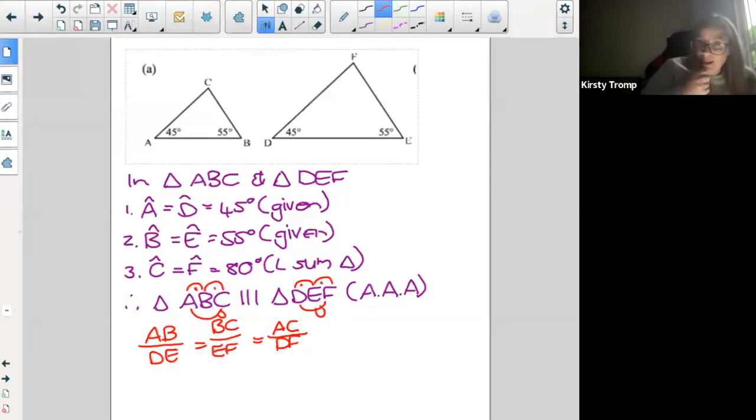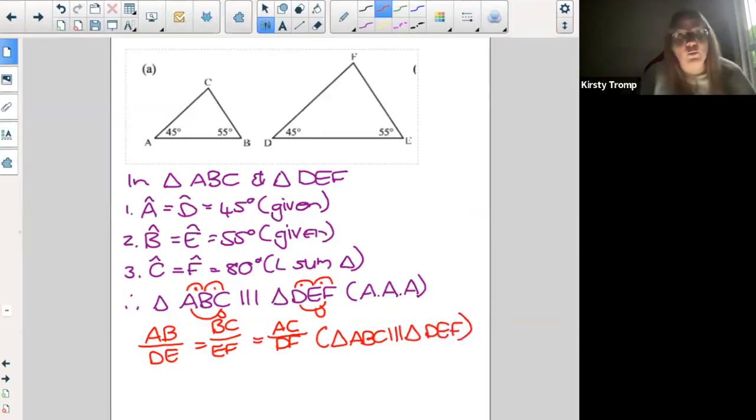That gives us a little froggy face. The reason why those are in proportion is because triangle ABC is similar to triangle DEF. So the way that they name the triangles helps you to know which sides are in proportion.